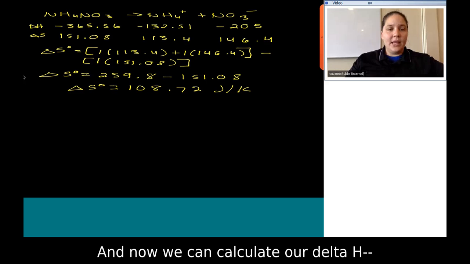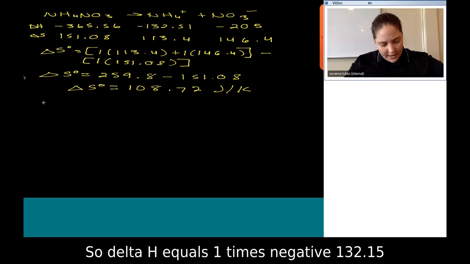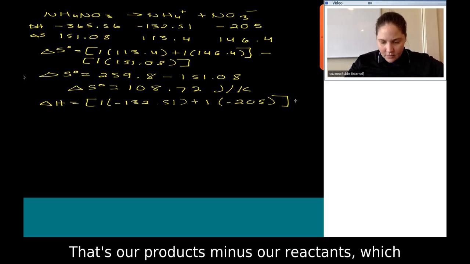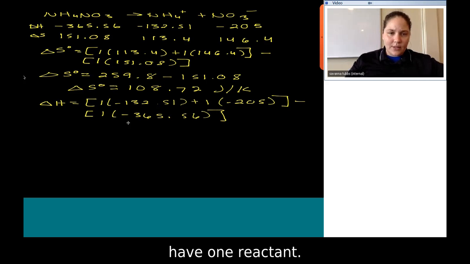And now we can calculate our delta H. So it's the exact same process, but with the different numbers. So delta H equals 1 times negative 132.51 plus 1 times negative 205. That's our products minus our reactants, which is 1 times negative 365.56. And that's our reactants, because we only have 1 reactant.